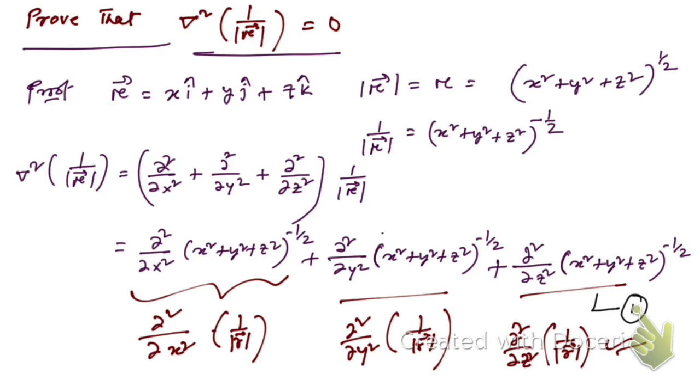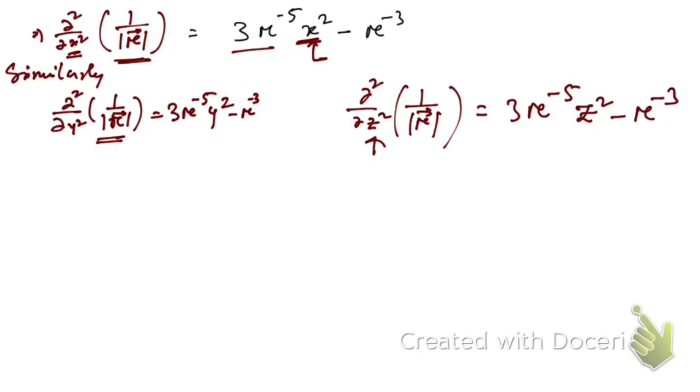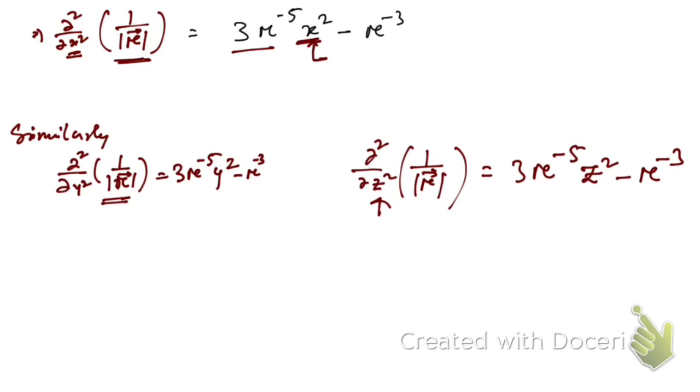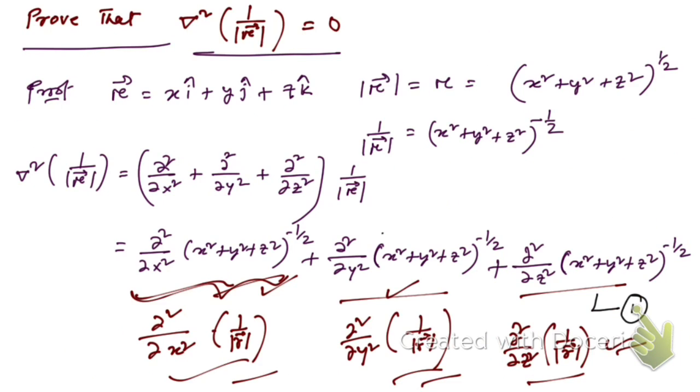So we are going to put the results that we have obtained in place of these three terms. Using these results in equation number 1, this is nothing but the Laplacian of 1 by mod of r, which is equal to this one plus this one plus this one.